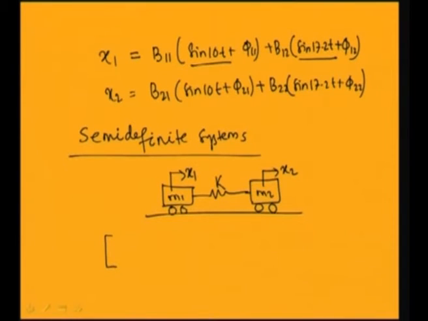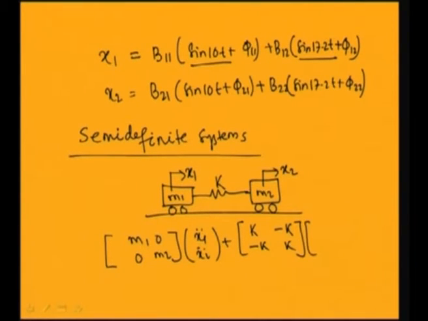It leads to the matrix [m1 0; 0 m2] into [x1 double dot; x2 double dot] plus [k -k; -k k] into [x1; x2] equal to [0; 0].